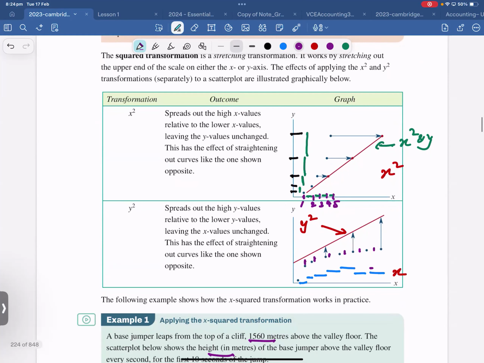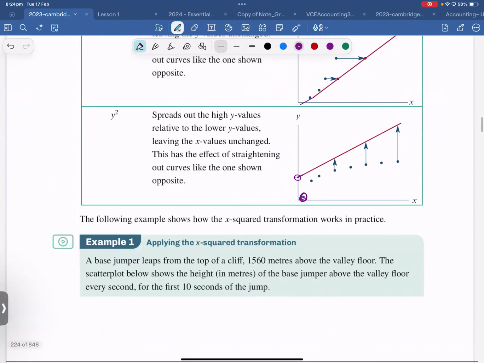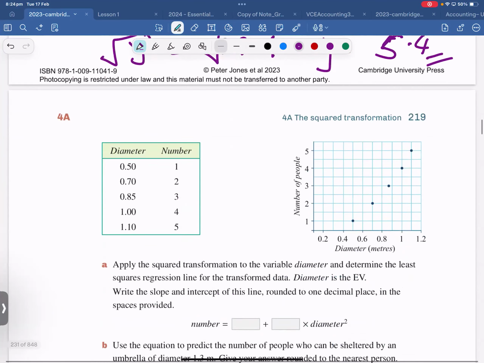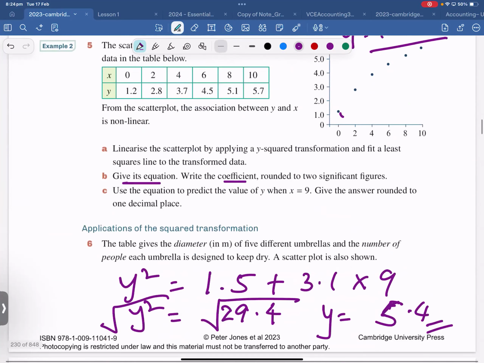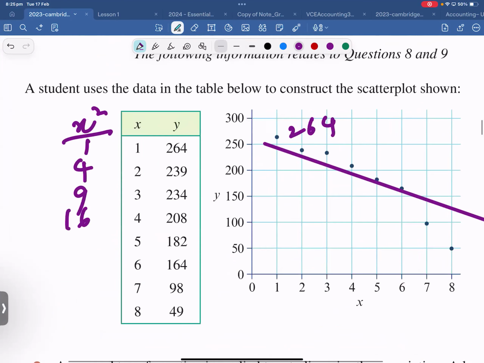That is one thing. And look at this one: the lowest value is here, but the intercept is here. So the squared line can change. However, it doesn't really matter. When you apply the calculator, is that what you got? Without the calculator, you can't say that.